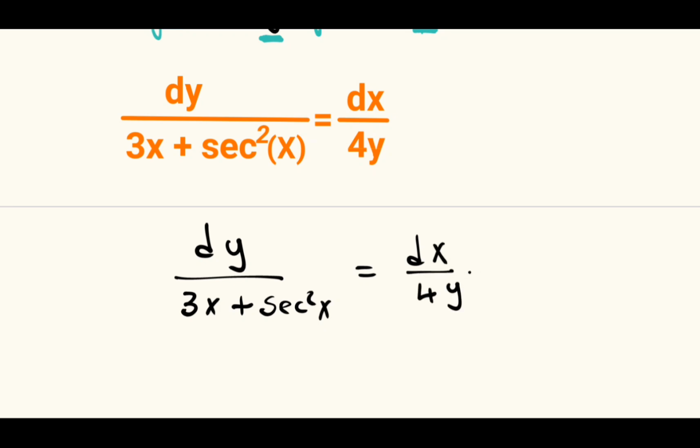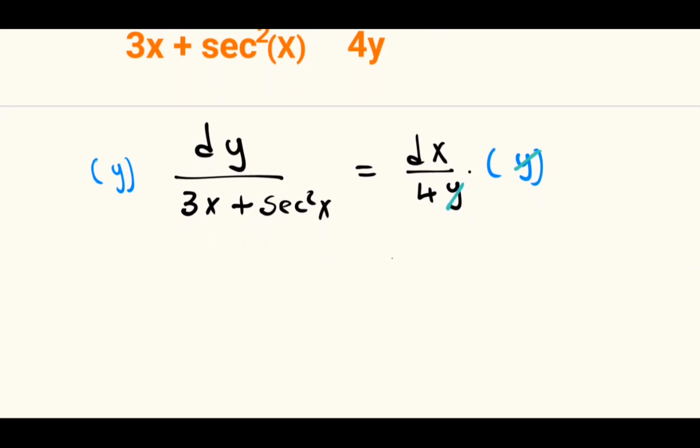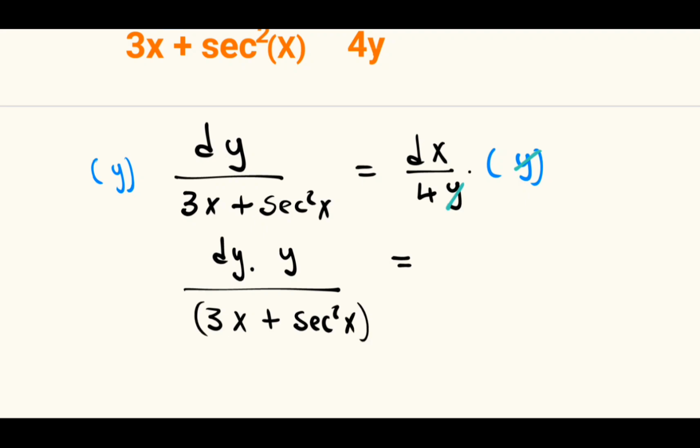Let's multiply by y, and that y will cancel out each other. On the left hand side we have dy multiplied by y divided by 3x plus sec squared x. We multiply both sides of this equation by 3x plus sec squared x.